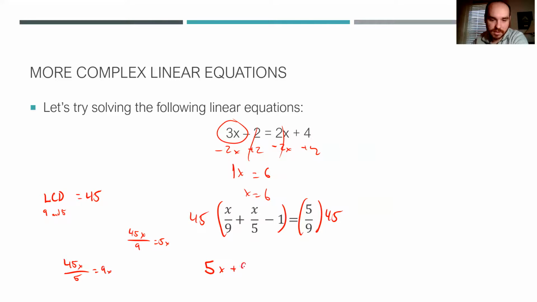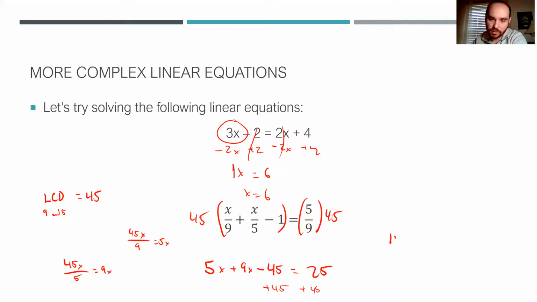So 5x plus 9x minus 45, because 45 times minus 1 equals, and then we've got 45 over 9 is 5, so 5 times 5, we have 25 on this side. So we add 45 to both sides.